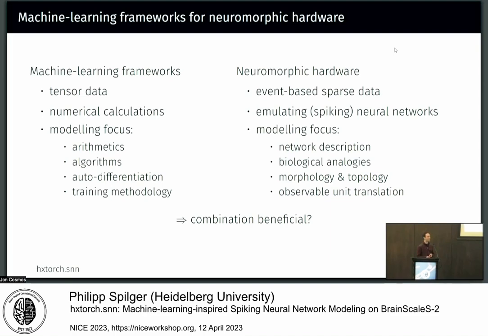when we want to train spiking neural networks on neuromorphic hardware. On the neuromorphic hardware side, we have event-based sparse data instead of tensor data, and we actually emulate potentially spiking neural networks.